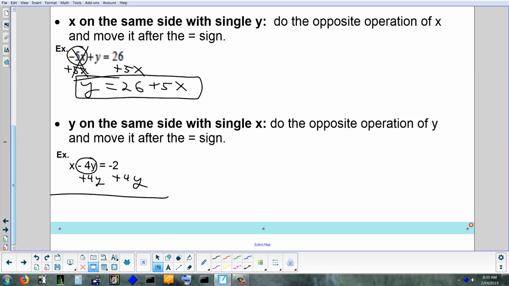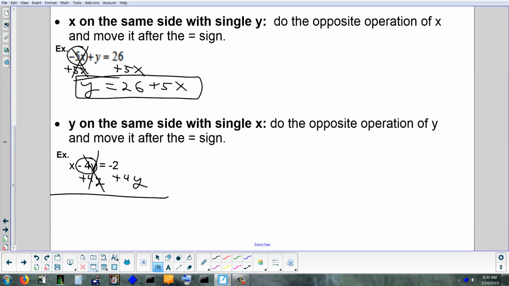Right, so Ellie, what's negative 4y plus 4y? 0. 0, good. Cancels out, it's gone. Chris, what's on the left-hand side now? X. Okay. Yes. X equals, and Matt, what do I have on the right? So 4y minus 2. Yeah, you could do 4y, that's fine.